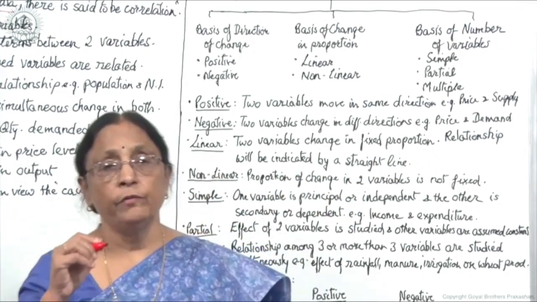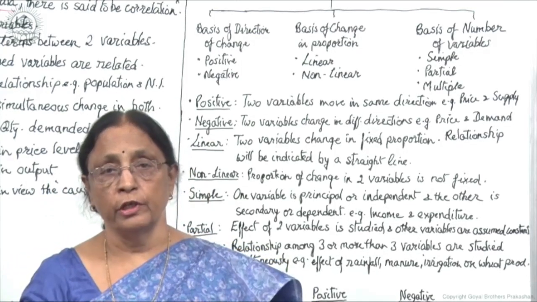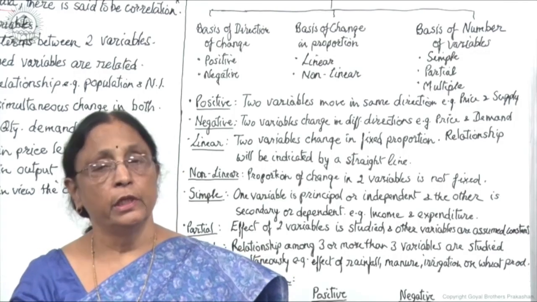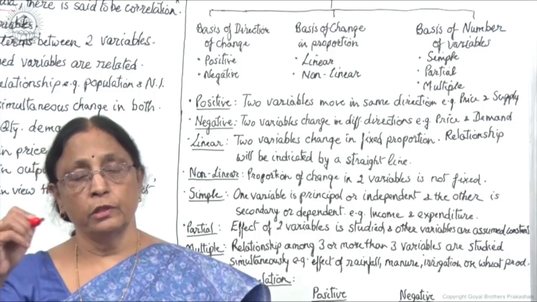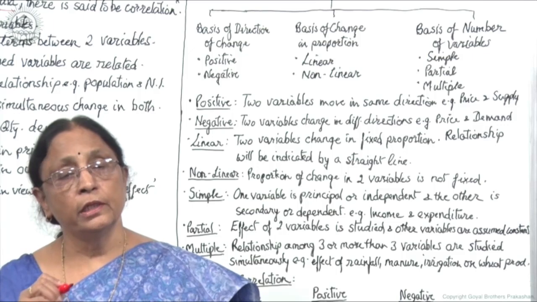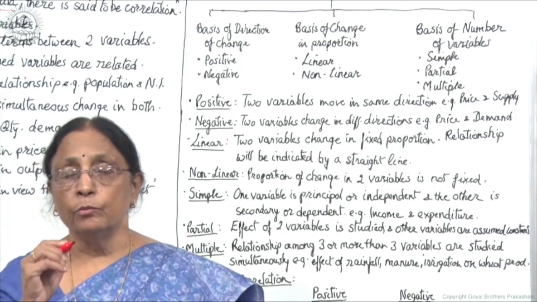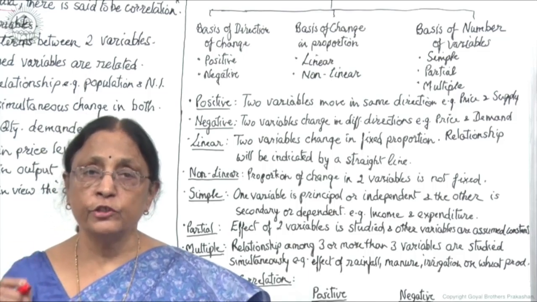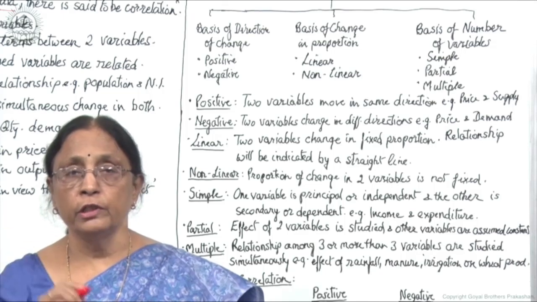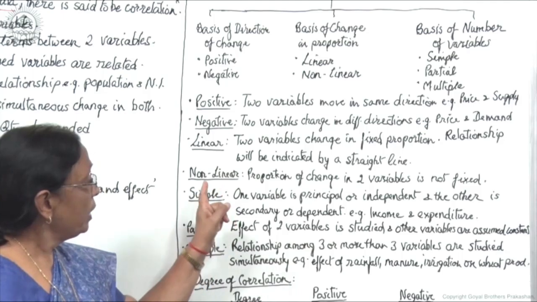That means when we plot the points on graph paper on the basis of given data between two variables, if the dots fall on a straight line, then it is known as linear correlation, right? That means both are changing in a fixed proportion. That is why all the dots are falling on a straight line.